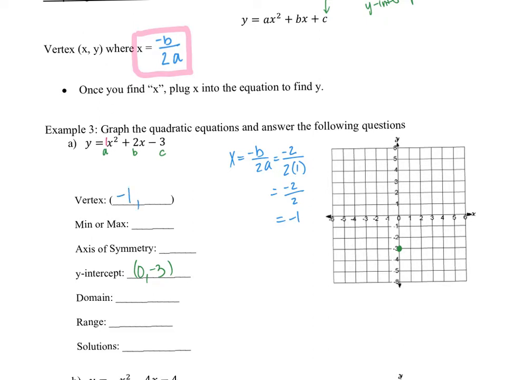To get my y value, I need to plug this x into the equation and find my y. To work this out, I would get +1 if I square the -1. -1 times 2 is -2.